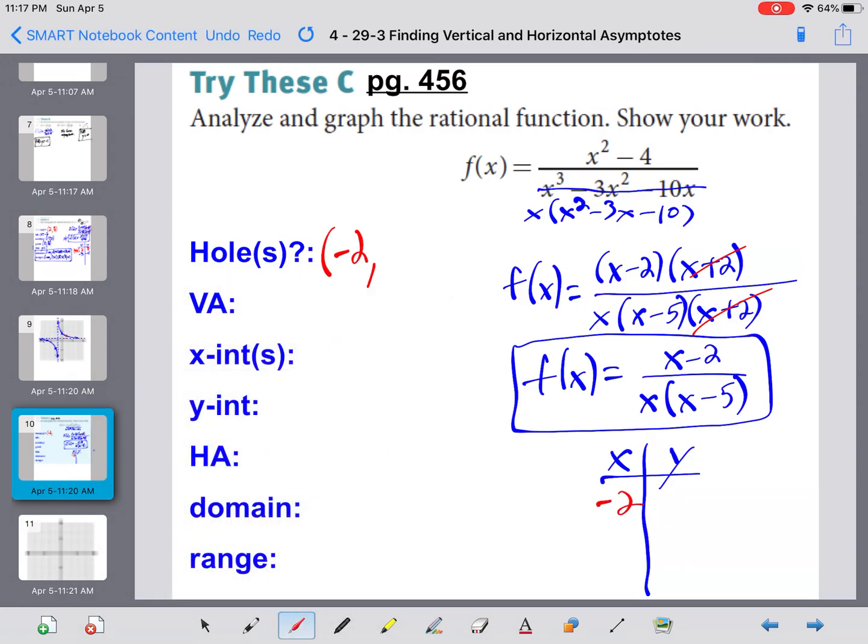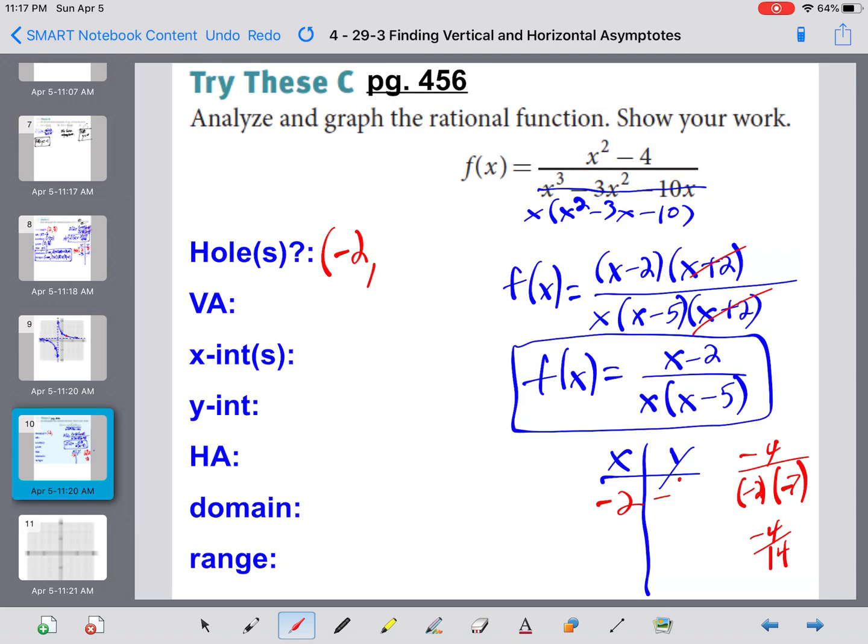So if I plug -2 in there, let's see what I get. I get -4 up top. I'm going to write this out. On the bottom, I get -2 up front, and then times -7. Right, so there's a lot going on there. So I get -4 over positive 14. Like I told you, these y values get ugly sometimes.